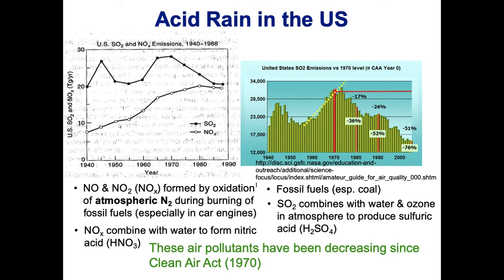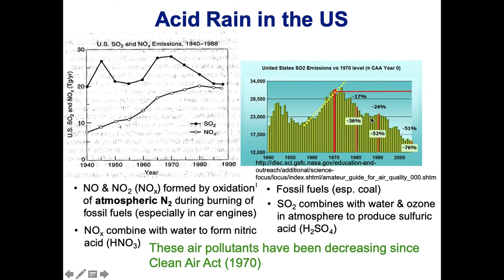And so we can see here that the Clean Air Act was enacted in 1970, and that's when our emissions of sulfur dioxide started decreasing. But you can see from the 1950s to about 1970, it was increasing dramatically.